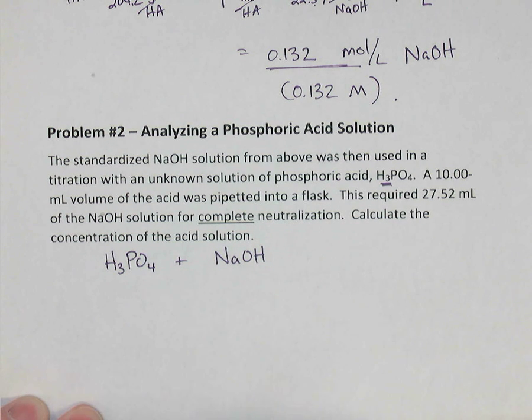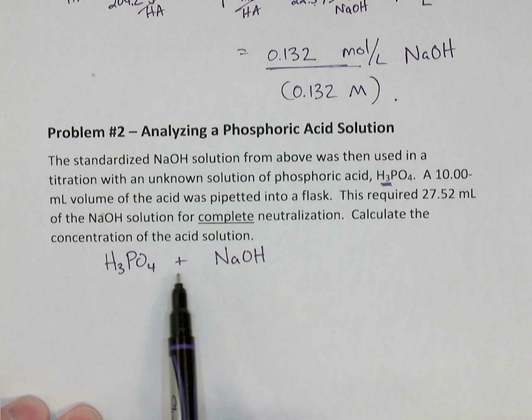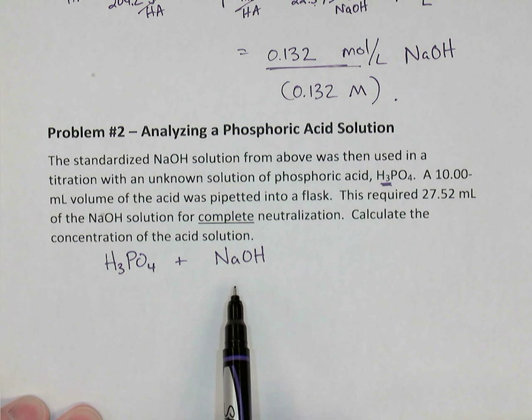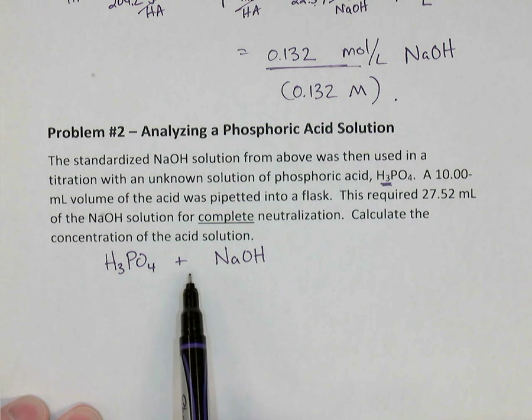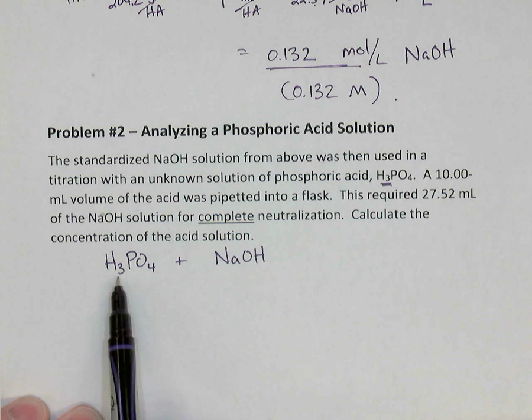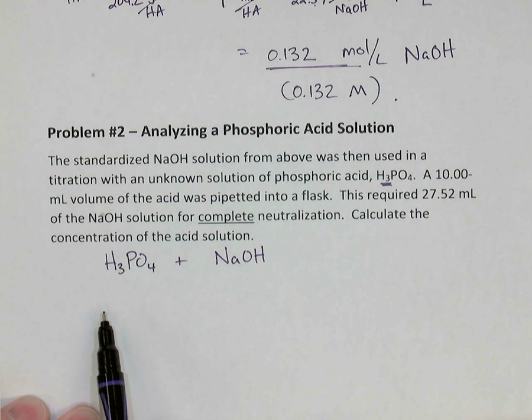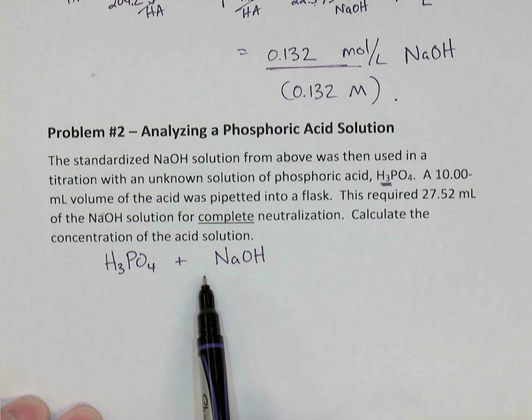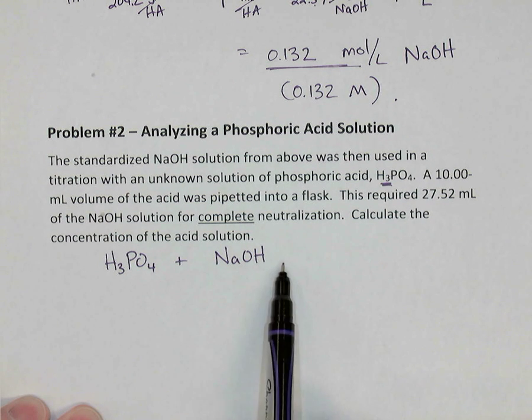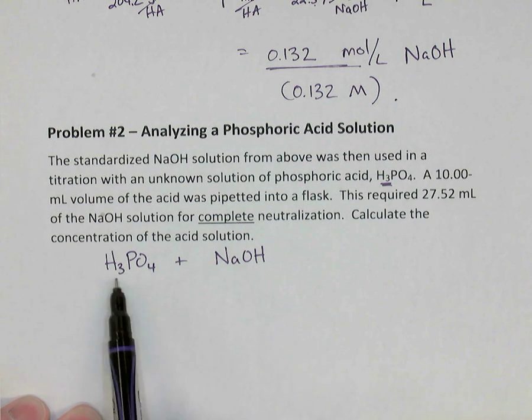Now, depending on the indicator we choose, we could actually have 3 different situations here. We could choose an indicator which changes color after just one of the H's here is neutralized, in which case we'd end up with 1 water molecule, and then NaH2PO4 would be the salt produced.